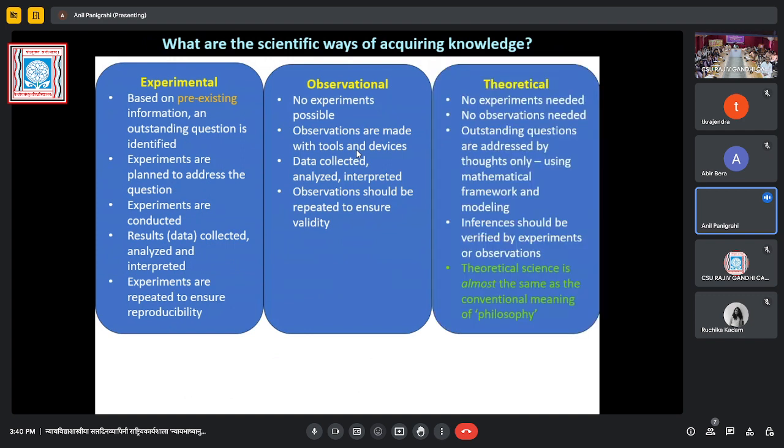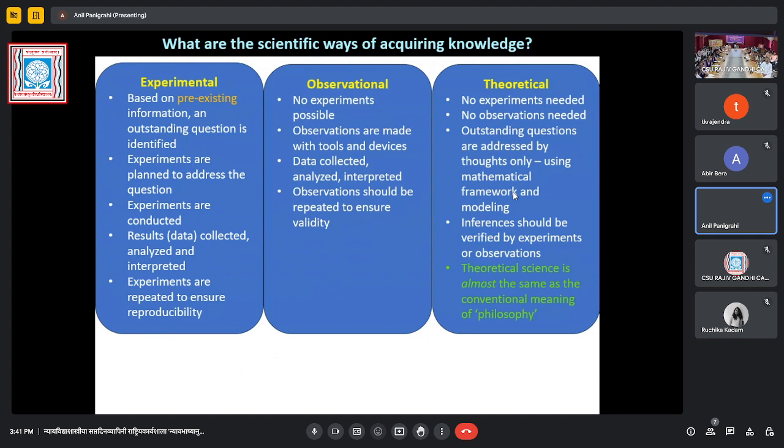The third one is theoretical. In theoretical, no experiments are needed, no observations are needed, and the outstanding questions are addressed only by thoughts using mathematical framework and modeling. Say, for example, this is how Newton came up with the gravitational theory.